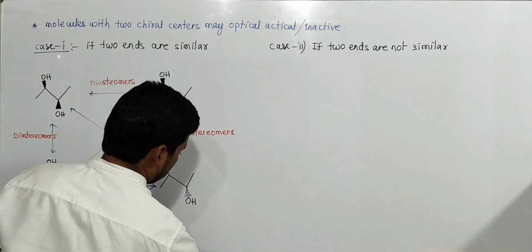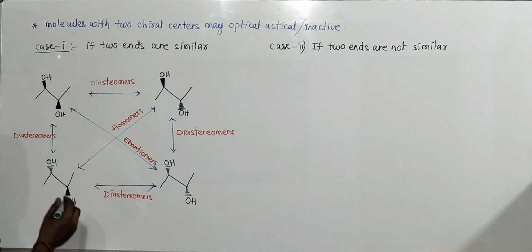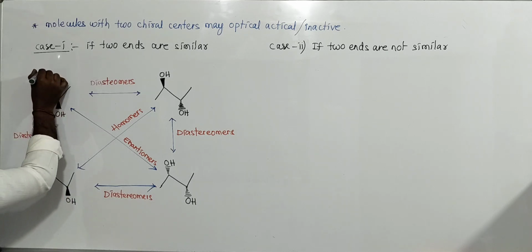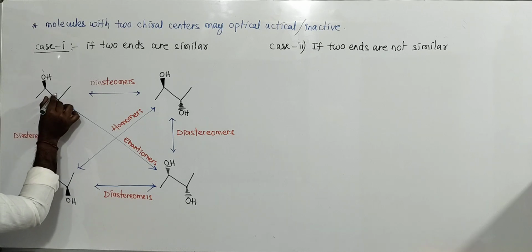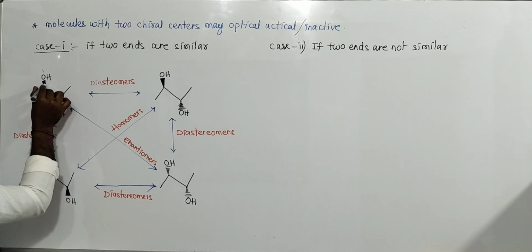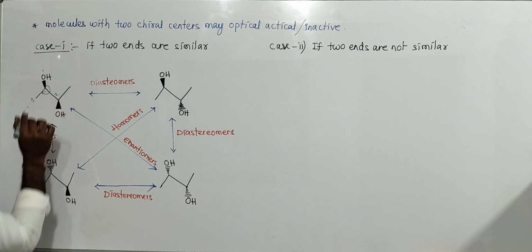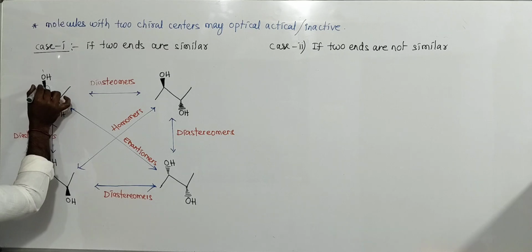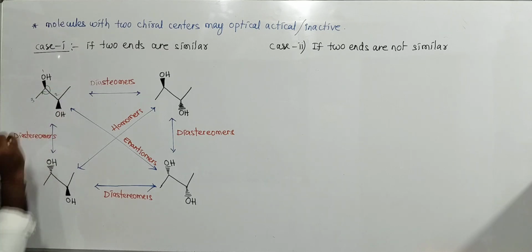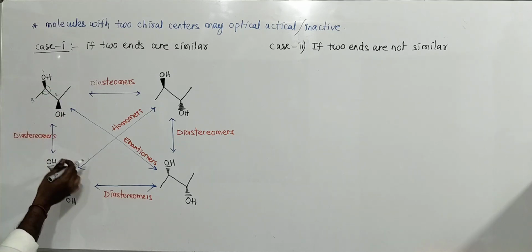See, how can I say? Assign priorities: this is first priority, CHOH, CH3, second priority, third priority. So 1, 2, 3 clockwise. If the OH group is on a thick line, hydrogen must be on a dotted line.